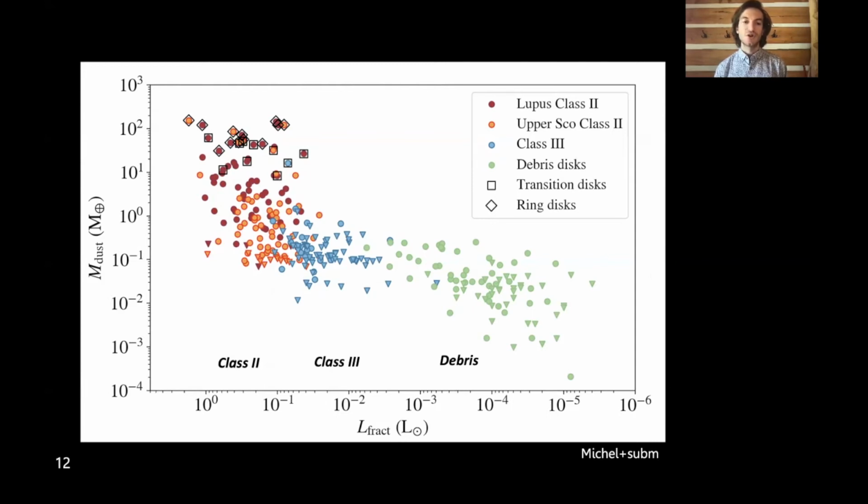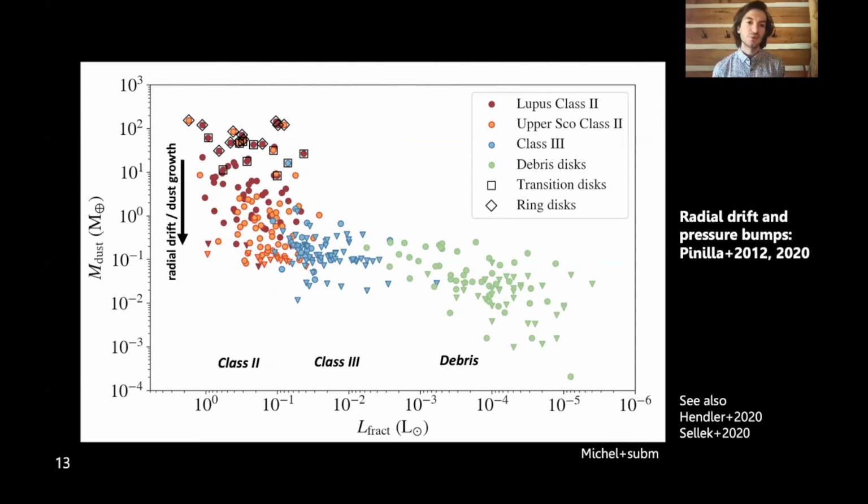So what exactly is going on in terms of processes? We describe the millimeter dust drop in the class 2 disks as being radial drift and dust growth, and at the same time, we will delineate which ones of these are most impacted. While the structured disks have gas pressure bumps and thus dust traps, they prevent efficient radial drift and thus retain high millimeter dust masses for a wide range of fractional disk luminosities.